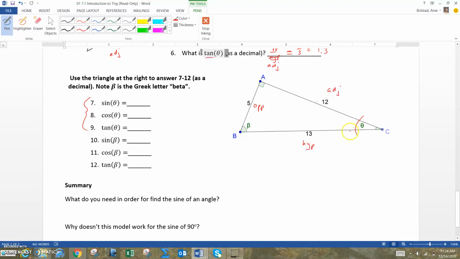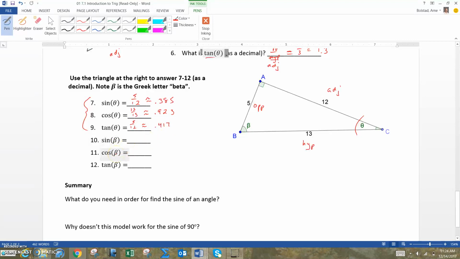So from theta, sine is the opposite over hypotenuse, that's 5 over 13, which is approximately 0.385. Cosine from theta is the adjacent 12 over the hypotenuse 13, the decimal for which is 0.923. The tangent would be the opposite side over the adjacent side, that's 5 over 12. We have approximately 0.417.